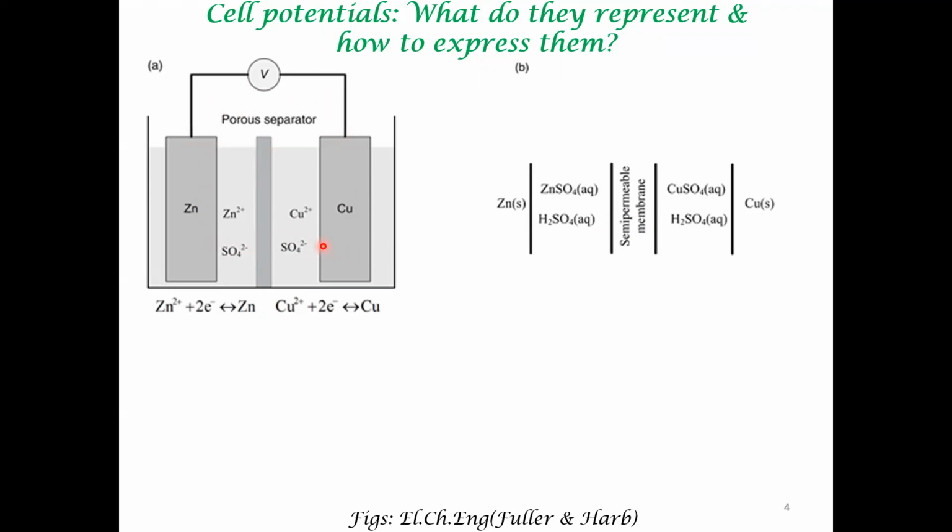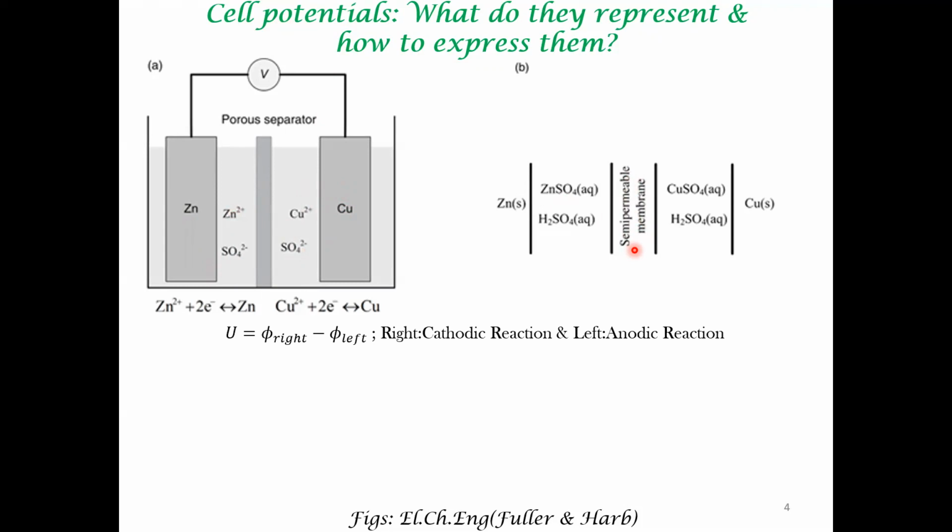The second role of the semi-permeable membrane is to maintain separation between these two chambers. The electrochemical environment in this chamber is different from the electrochemical environment in this chamber. That difference in electrochemical environment is responsible for the generation of cell potential, and the semi-permeable membrane plays an important role in establishing this separation.